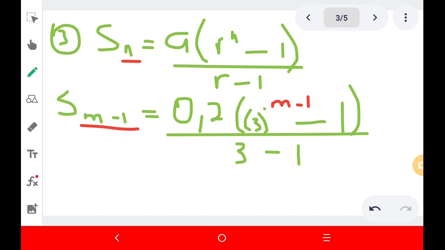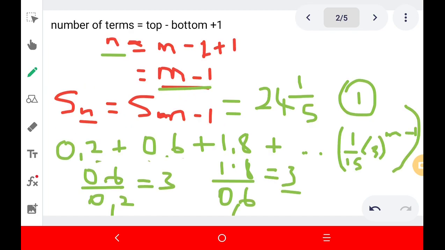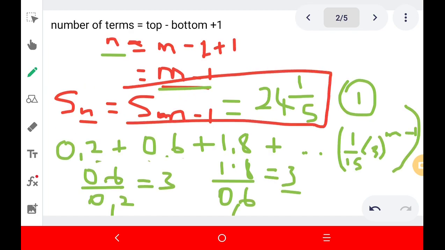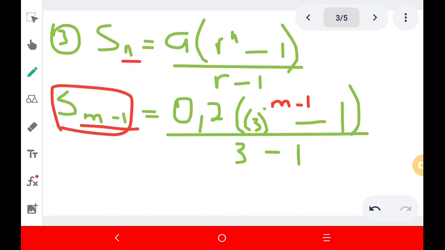Now the first thing that I can do is to subtract the denominator: 3 minus 1. At the same time I also know what S of m minus 1 is. I said S of m minus 1 can be given as 24 1/5.